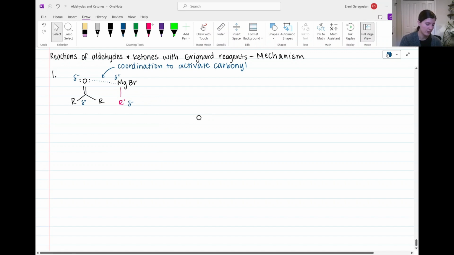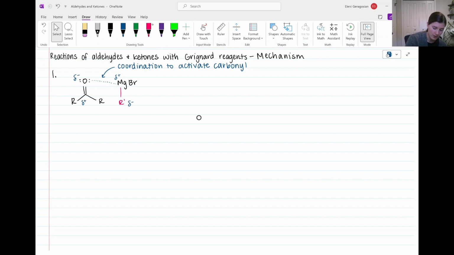We have a partial negative or formally negative carbon in the organometallic reagent. So that carbon and the electrons in the bond, which are more so owned by the organometallic carbon part of the molecule, because magnesium is a metal, this can now bond to that carbonyl carbon, and the electrons in the pi bond will be owned by oxygen.